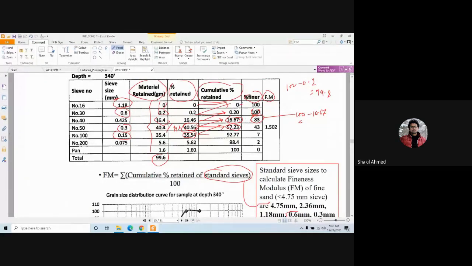So cumulative percent retained, tell me what is the value? For 1.18, it is 0, right? Let's do it here. 0 plus for 0.6, this is 0.2. For 0.3, this is 15.723. Are you following me, guys? Yes, sir. And for 0.15, this is 92.77.